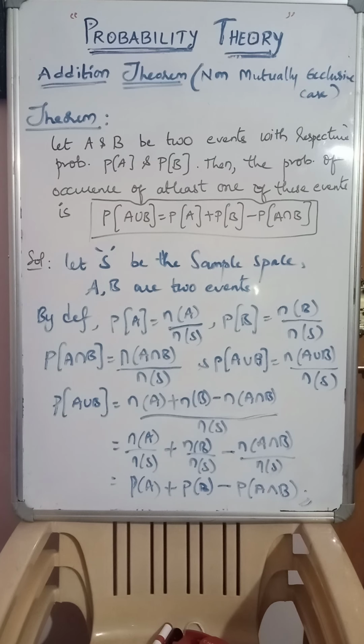So A by n plus B by n minus C by n. A by n is nothing but probability of A by definition, and B by n is nothing but probability of B, and then C by n is nothing but probability of A intersection B. Clear? So by using Venn diagram also the other alternative proof can be written.